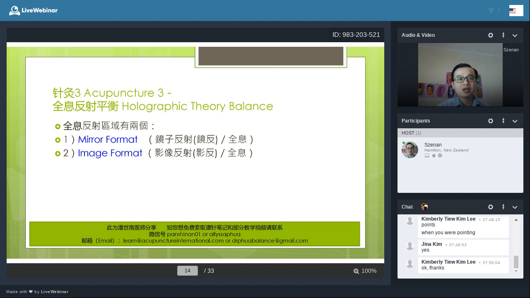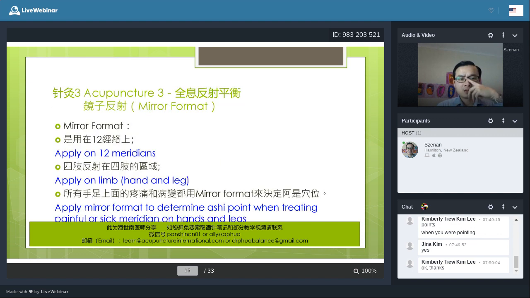Thank you. Now we're going to introduce acupuncture 3, selecting the point, right? 2 basic format. One called mirror format, the other one called image format. Let's talk about mirror format. What's mirror? Apply on 12 meridians. Apply on limb, which is hands and leg. Apply mirror format to find R point when treating painful or sick meridian on hands and legs.